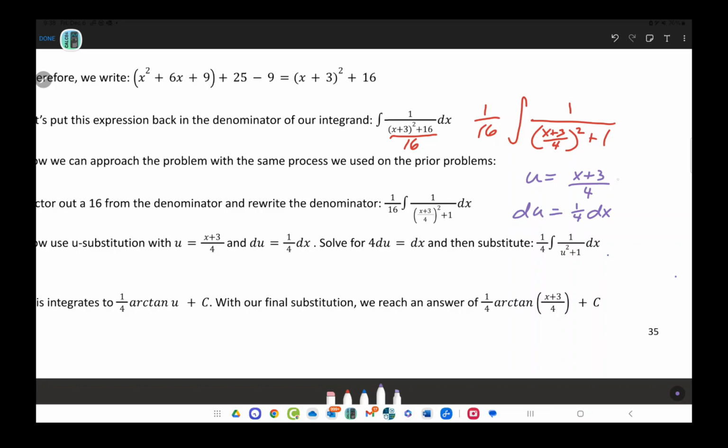If it's easier, you can write this as u is equal to x over 4 plus 3 over 4. And what's the derivative of that? Well, the constant is gone, so 1/4 dx. Now I have a 1/16, so we are going to take out a 1/4 from there. So we can now write 1/4 integral of 1 over u squared plus 1 du, which gives us 1/4 inverse tangent of u plus c.